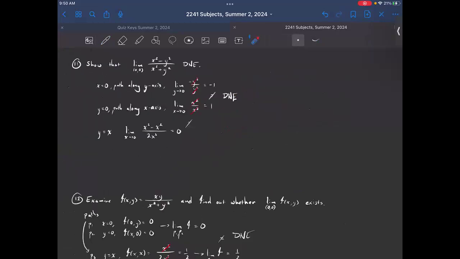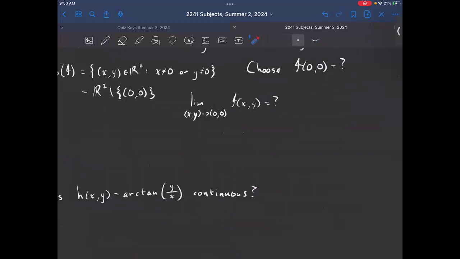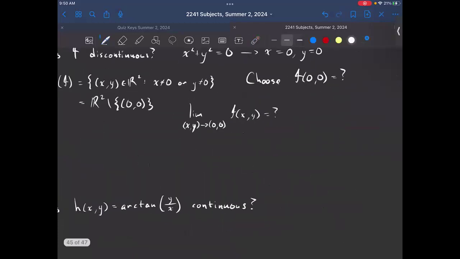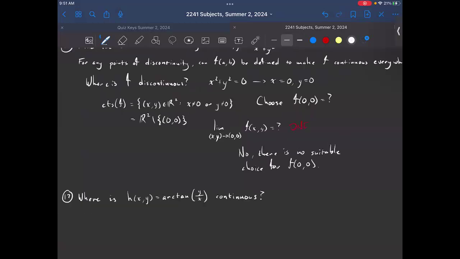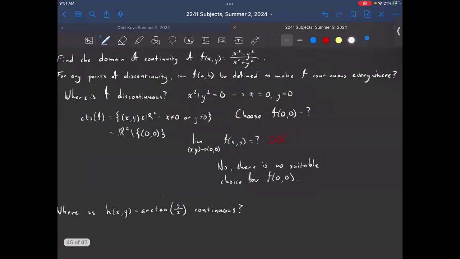And so this limit does not exist, which means no, there is no suitable choice for f of 0, 0. So this function cannot be made continuous everywhere.